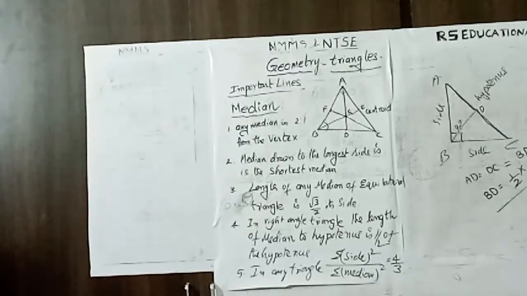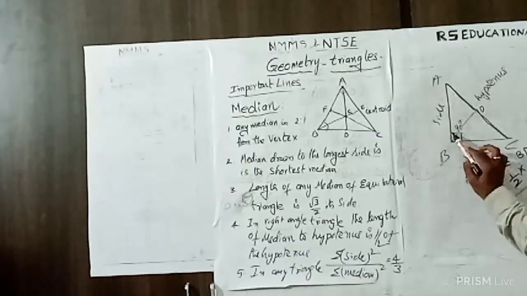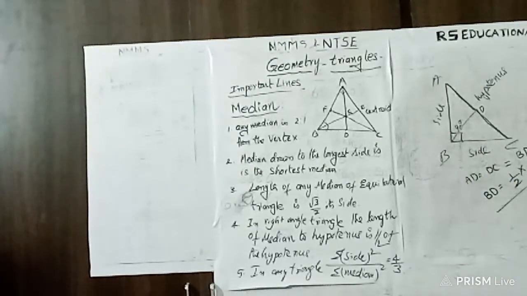Since angle B is 90 degrees, AC becomes the hypotenuse. The side which is opposite to the right angle is called hypotenuse. Already you know all these things. So this is about the properties of medians in a right angle triangle: the length of the median is half of its hypotenuse.